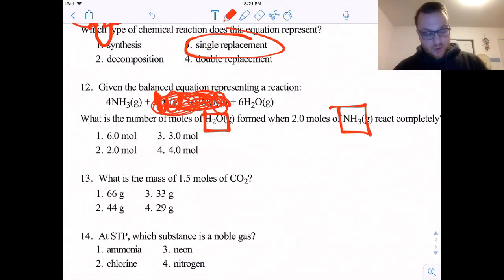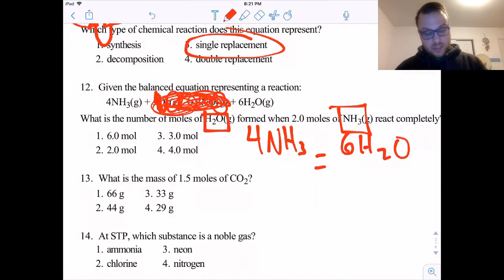That's what I see here. Stoichiometry, that principle is all about what happens if I change those coefficients to some other number. How will it change the coefficient in another compound? And here I am changing the moles of NH3 to 2, which is the moles of H2O to what?